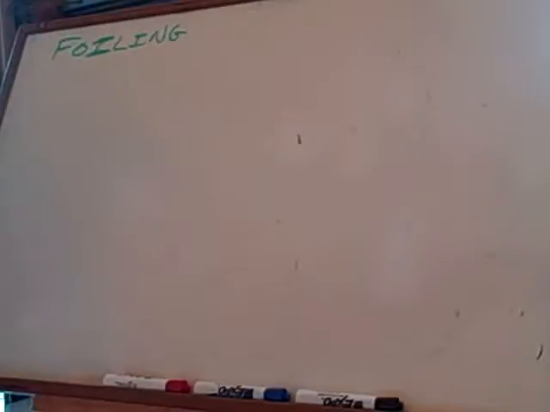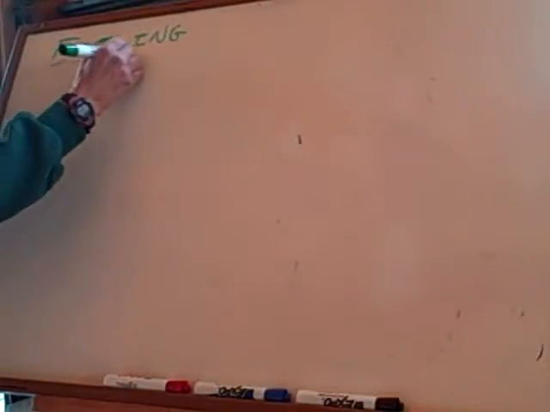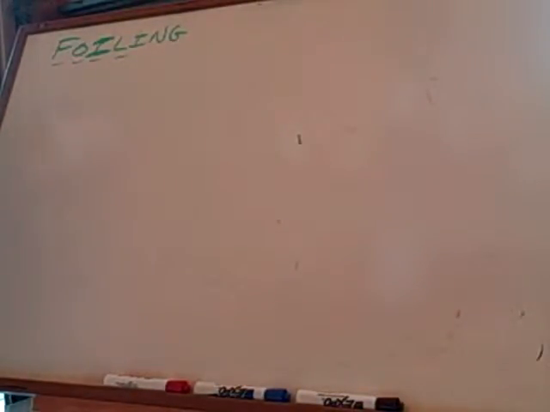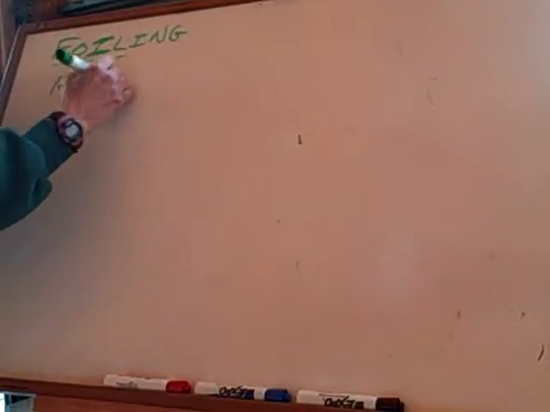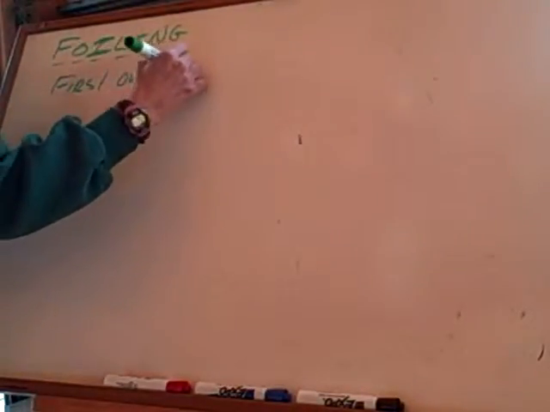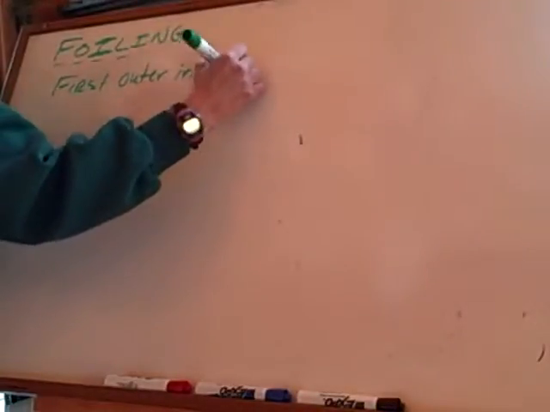Okay, so today we're in our notebook, on foiling, page 1. FOIL is an acronym, or acrostic, for first, outer, inner, and last.